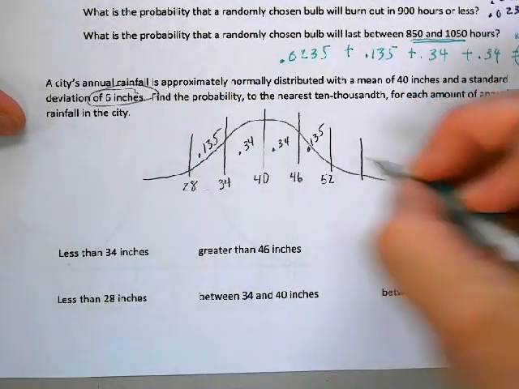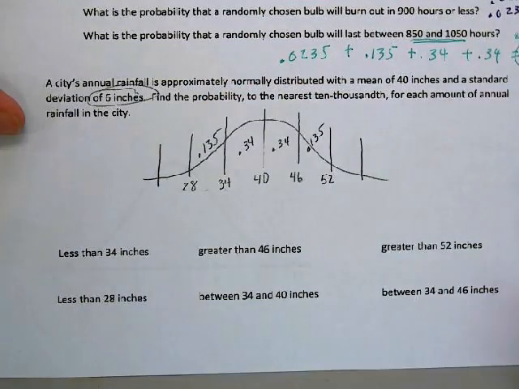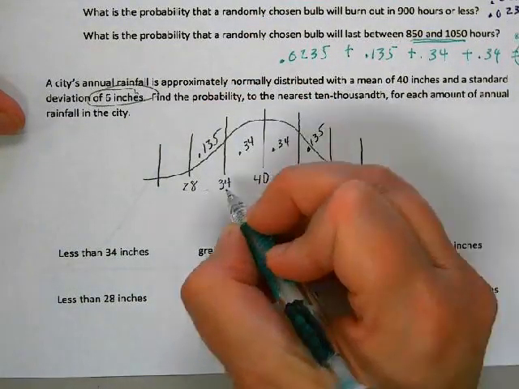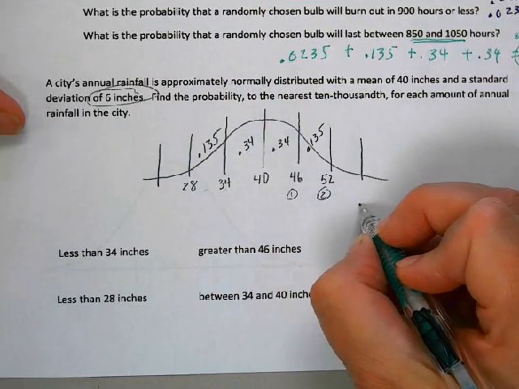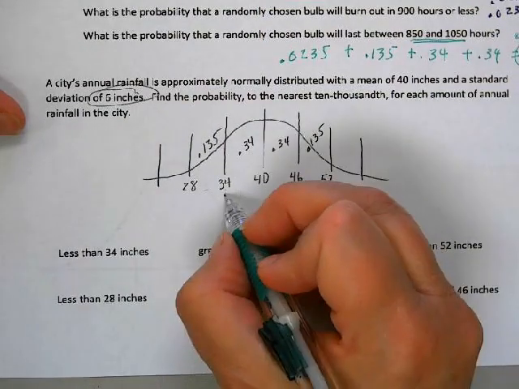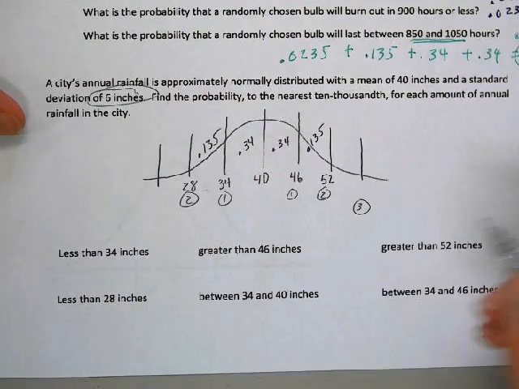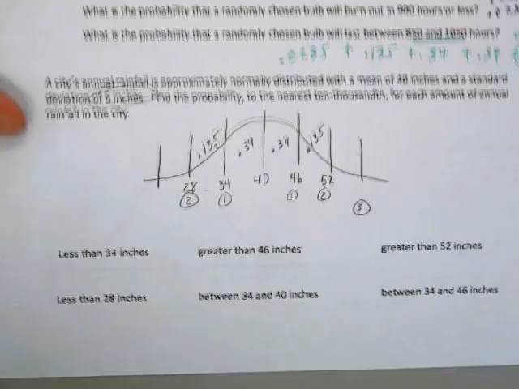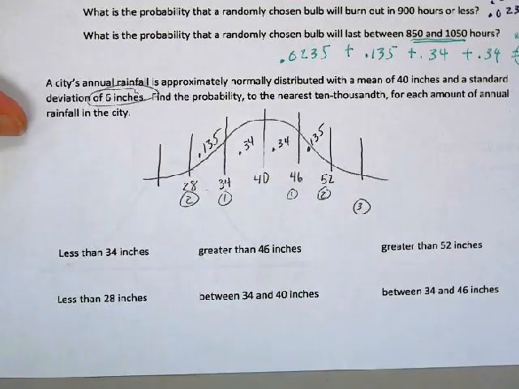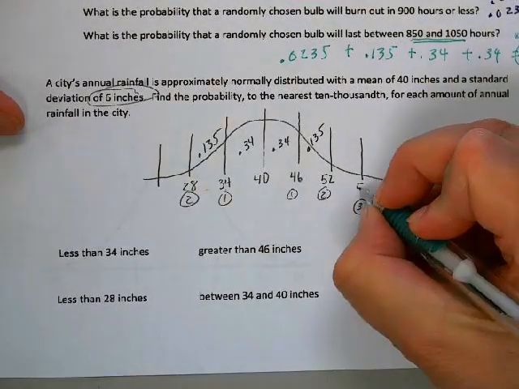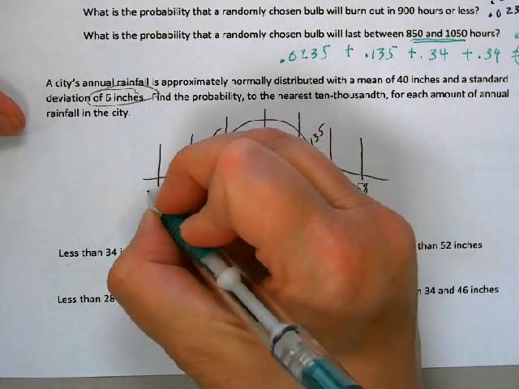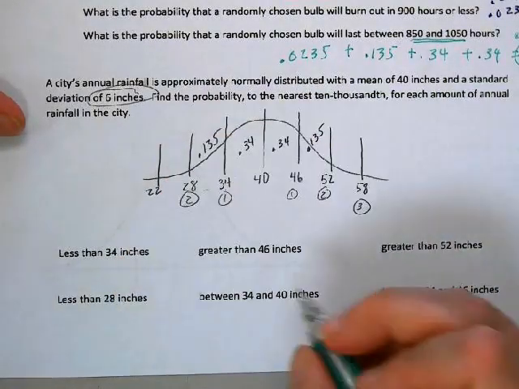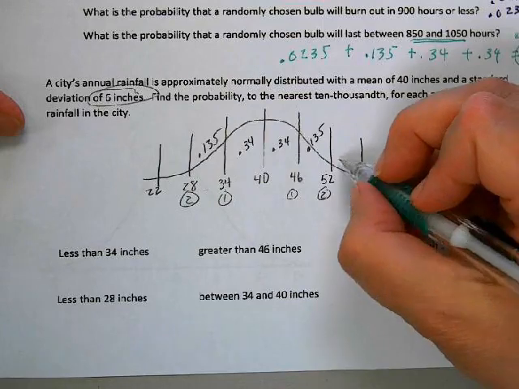And then another 6 inches and another 6 inches, so this was 1 standard deviation, 2 standard deviations, so now I'm at 3 standard deviations away. So another 6 added on to the end would put me at 58, and subtract 6 here would put me at 22.